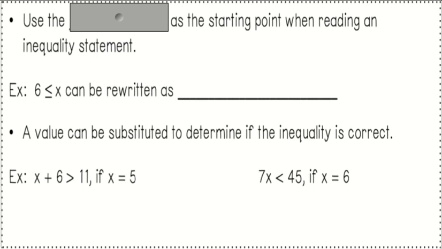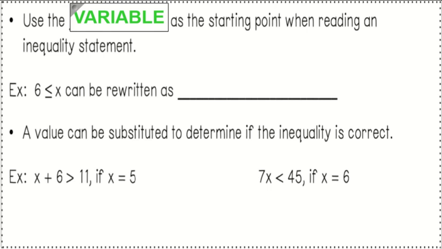All right, so then we use the variable as the starting point when reading inequalities. So if the variable is the starting point, it's got to go first. Everybody clear on that? So you see right here, I have 6 less than or equal to x.